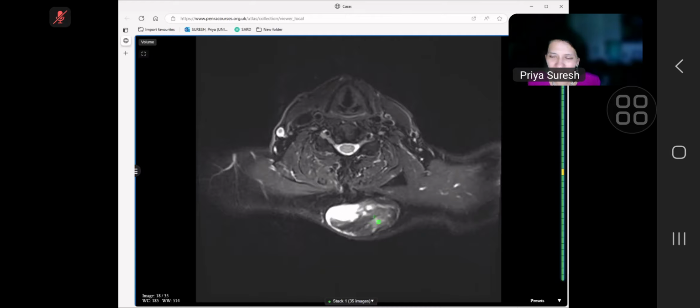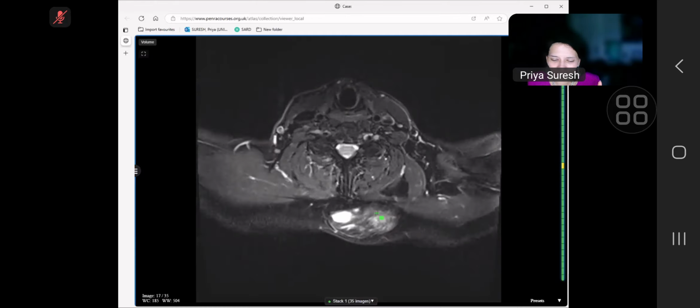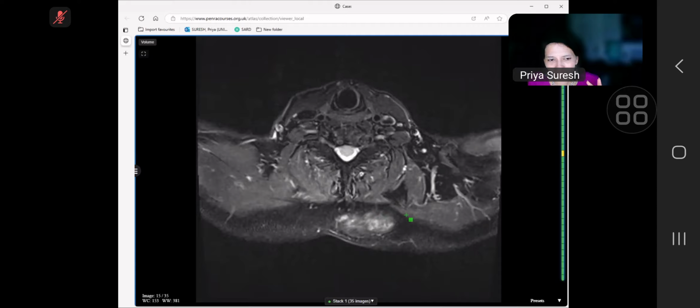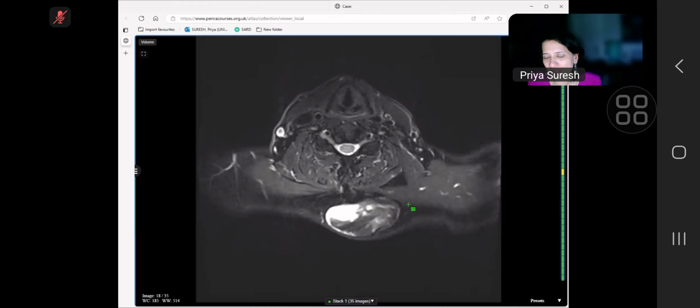Although there is another entity. I think you were trying to say myelolipoma or something like that. There's another entity called spindle cell lipoma, which is typical in this space, the nuchal part of the neck, the back of the neck, and that can have heterogeneous cellular intensity. But for the purposes of the Viva, they would expect you to pick up the fact that this is not showing complete suppression, and therefore it is atypical, and it's not a simple lipoma.